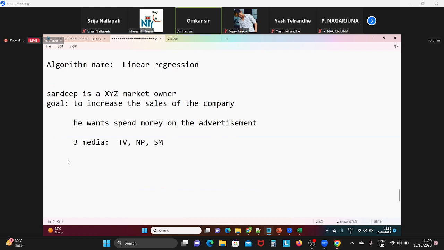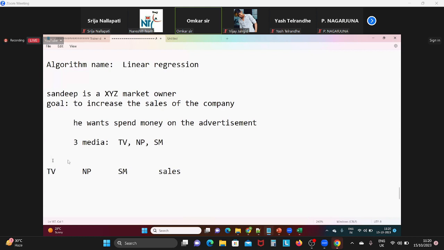Now suppose he has TV, newspaper, and social media, and he wants to see whether sales are increasing based on that. Now tell me, what are the input columns and what is the output column in this?